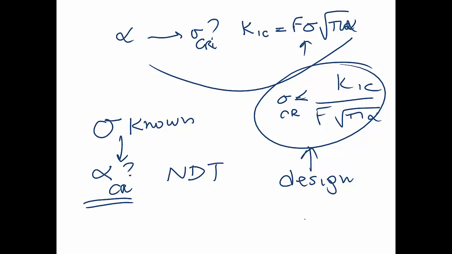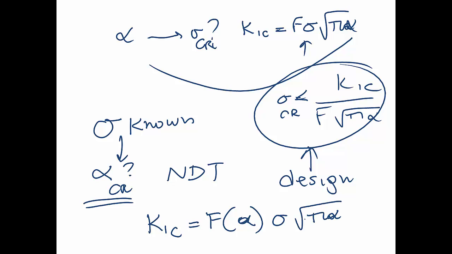How do we do this? It's the same calculation, a little more complicated because the shape factor is often a function of the crack size. So this is not a simple equation to solve, but you can solve it numerically. You've seen how we solve these things numerically. It's not a problem.